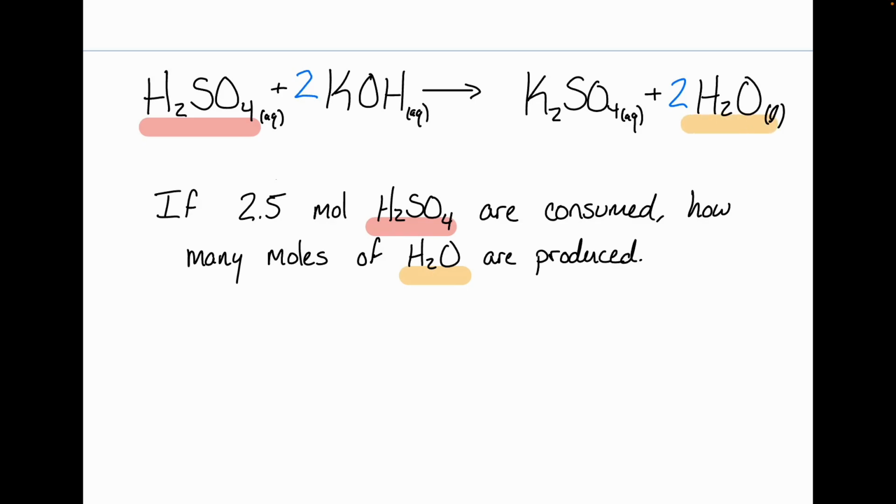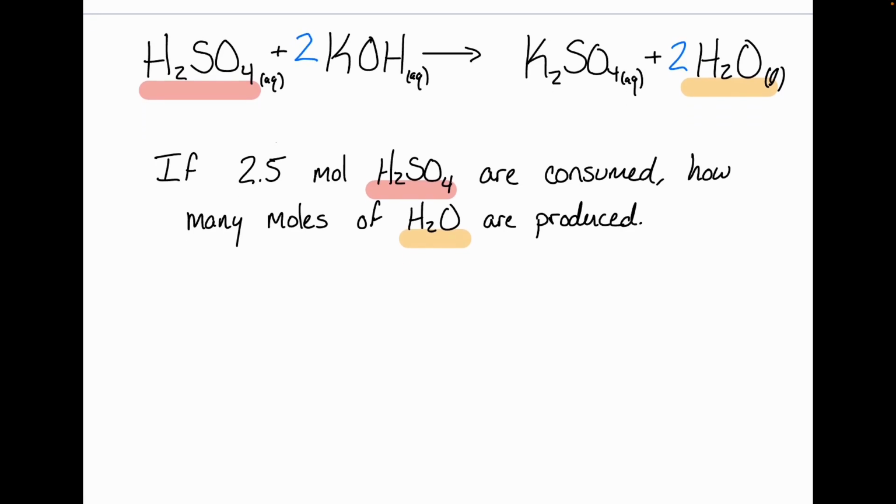And the only way that we can jump from one compound to another in our chemical equation is by building a stoichiometric ratio that we get from this balanced chemical equation. So for this particular one, it would be 1 mole of H2SO4 over 2 moles of water, 2 moles H2O, right?